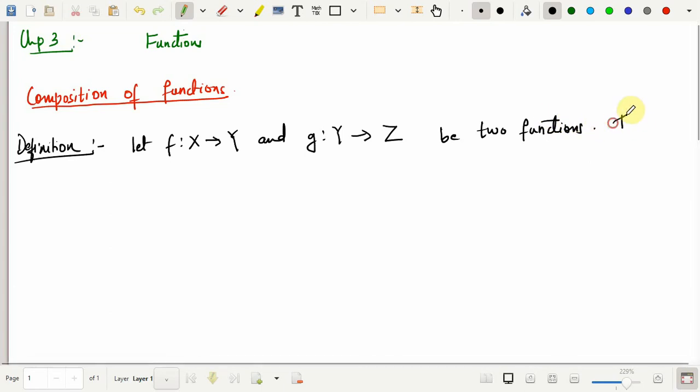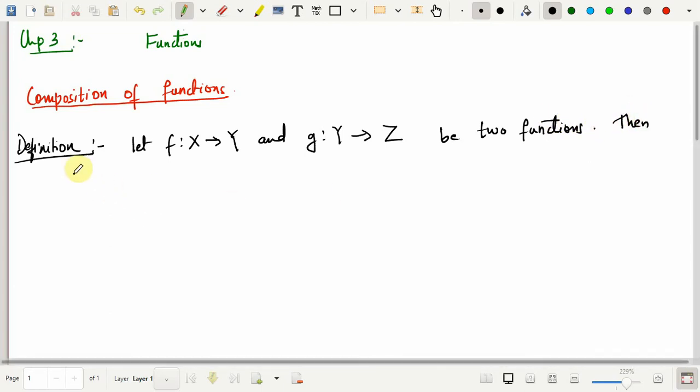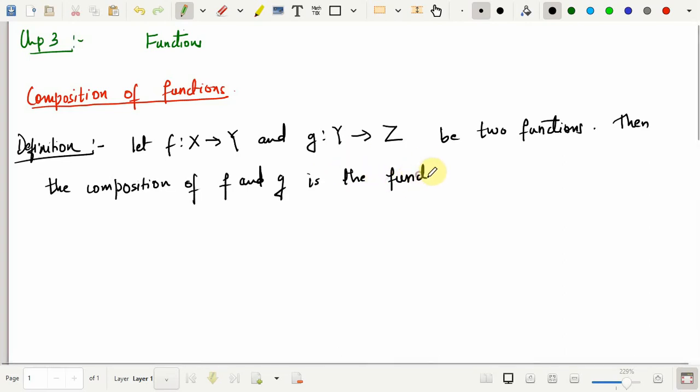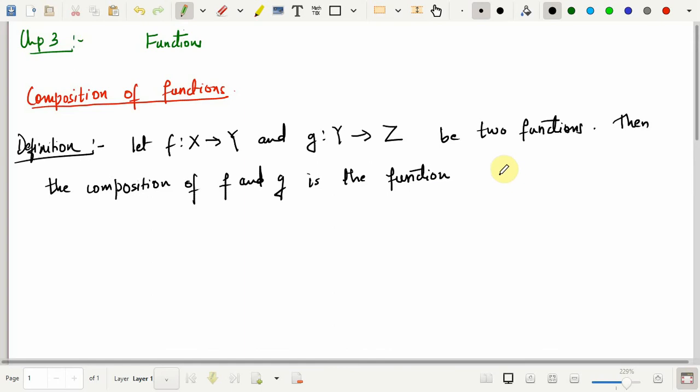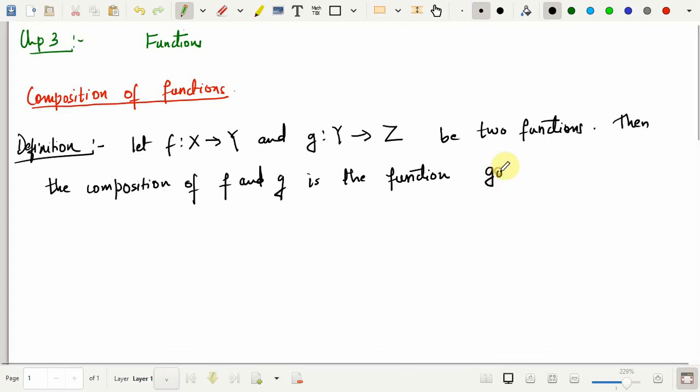Then the composition of f and g is the function denoted in this way, g o f.